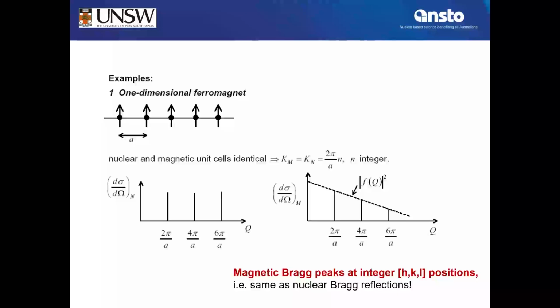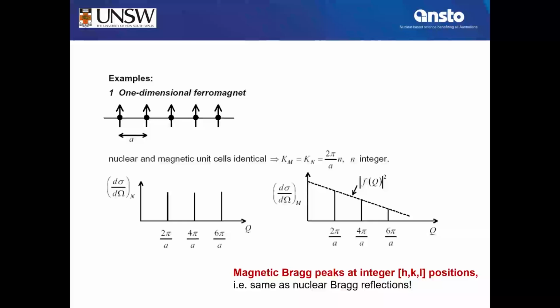Two examples, one-dimensional ferromagnet. The spins are located at the atomic positions, it's the electron spins. And in case of ferromagnet, they are all parallel, as shown here, up, up, up. So if you now think about a magnetic unit cell, you see that the nuclear and the magnetic unit cell are identical.